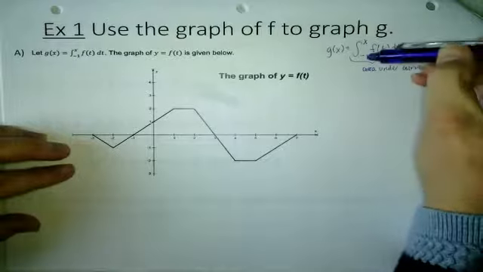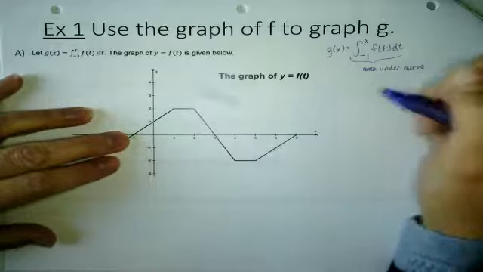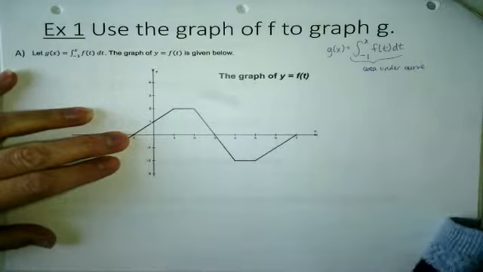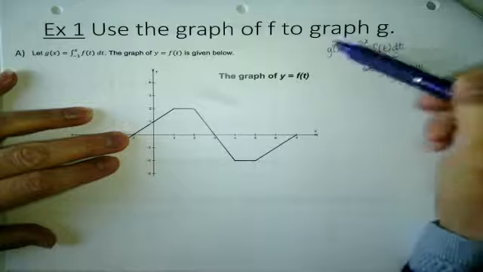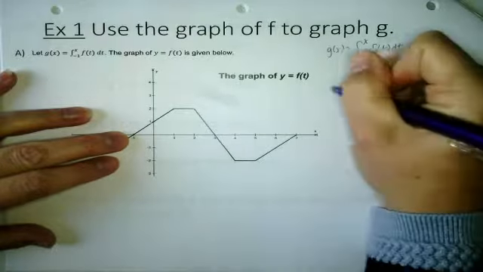So I'm looking at this lower boundary, and the lower boundary is -1. I'm actually going to start there. And what I'm going to do is think about areas, try to figure out how I can actually graph ordered pairs for our g function.